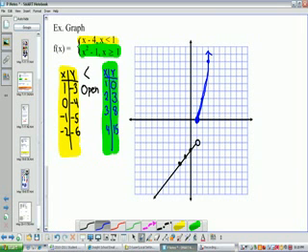Another way of graphing these is to graph the line, just draw it over the top. So imagine that I graph x minus 4, and graph the parabola.